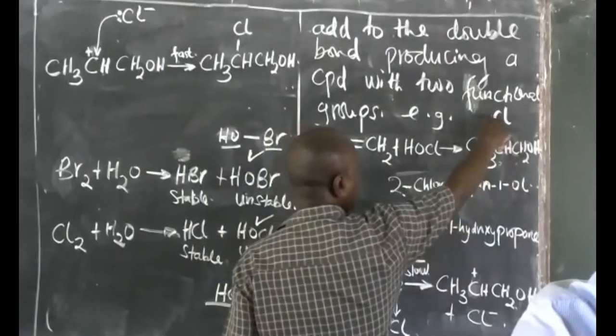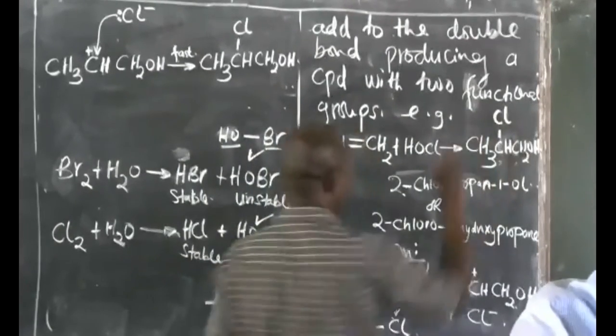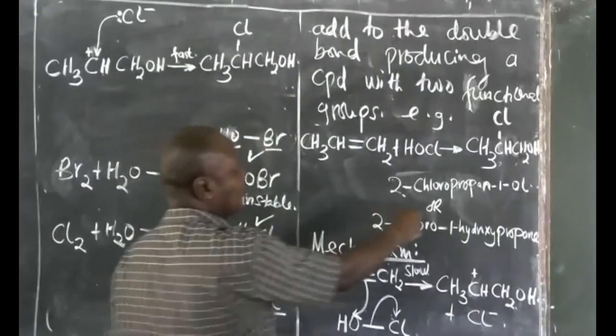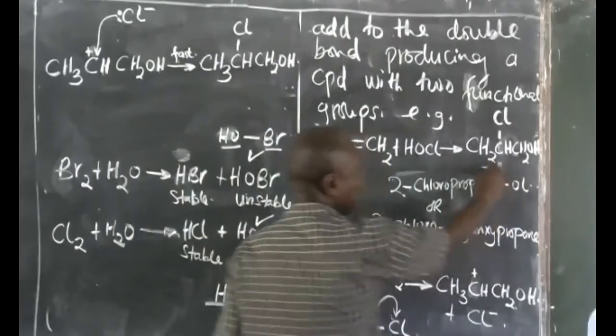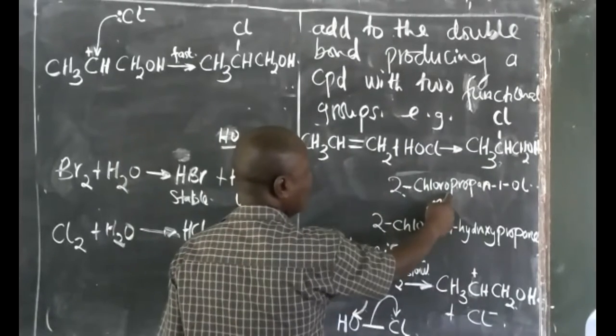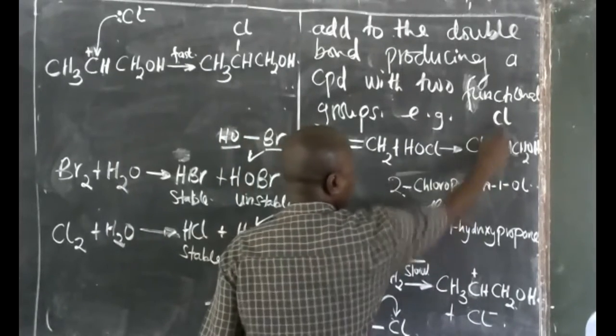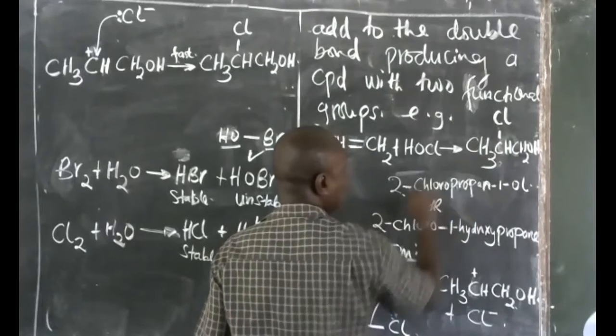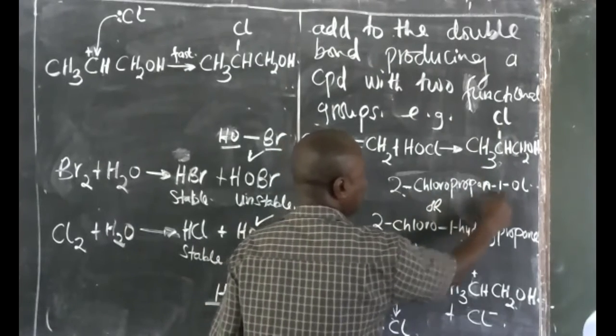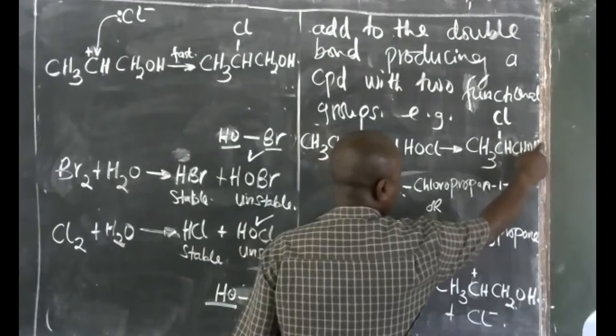CH, Cl, CH2OH, and when we are naming this one, this is carbon number 1, this is carbon number 2. So this is 2-chloro, because it's on carbon number 2. So it is 2-chloropropan-1-ol.